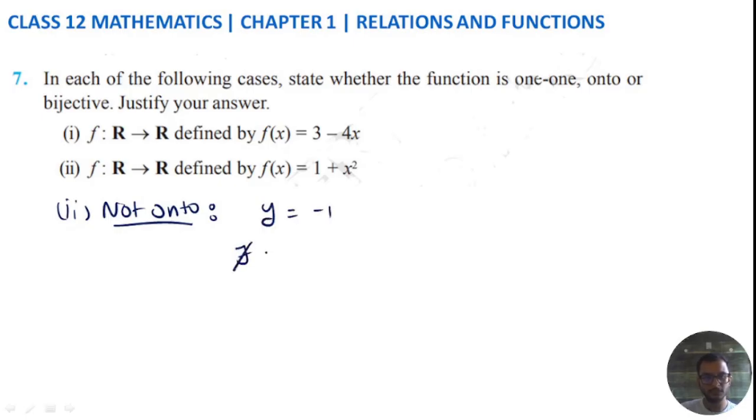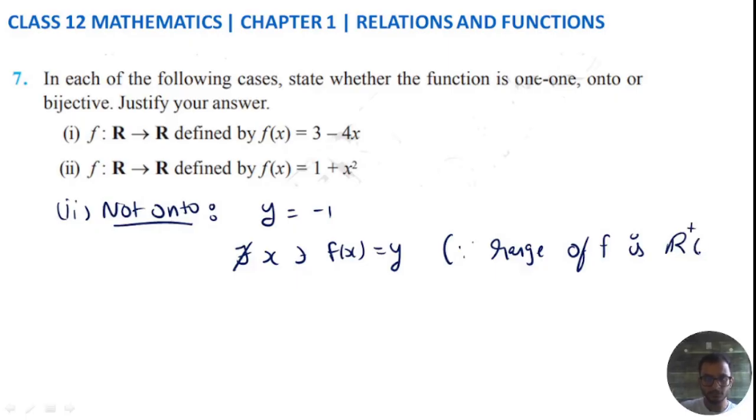There does not exist x such that f of x equals y, because the range of f is positive reals only. Okay, 0 will also not be involved. Positive reals only, which shows that the function is not onto, because we have found one point whose pre-image does not exist.